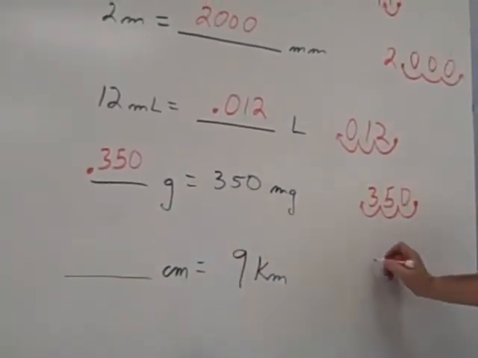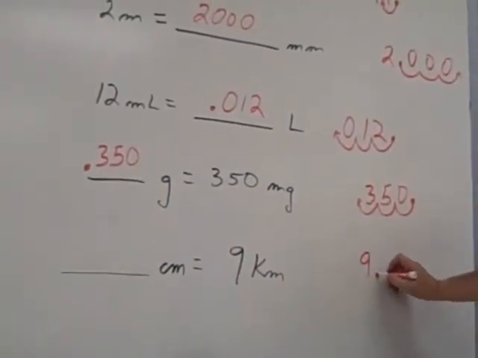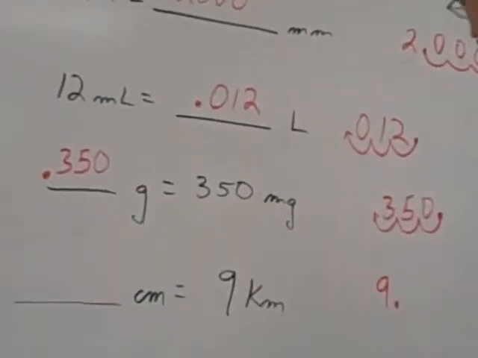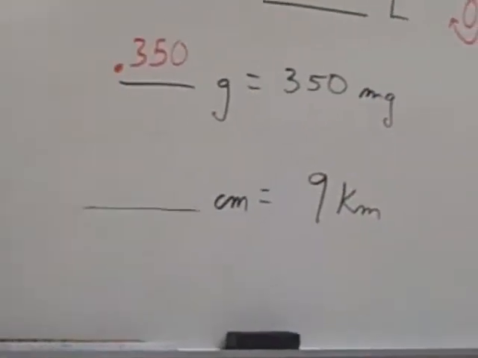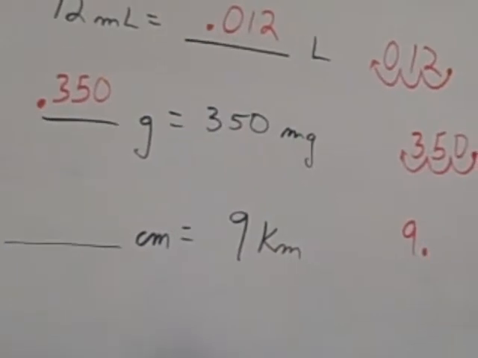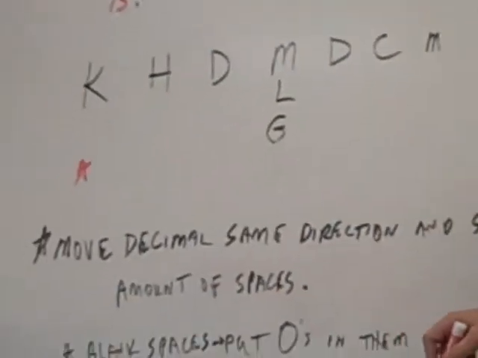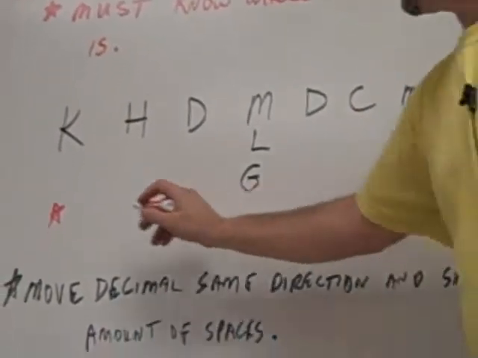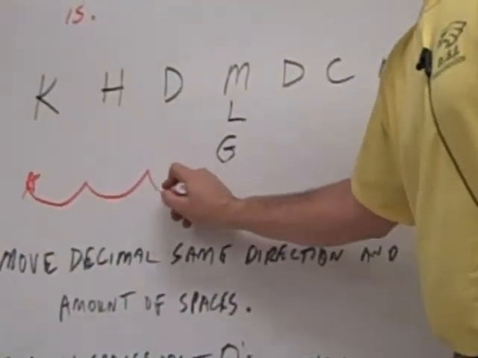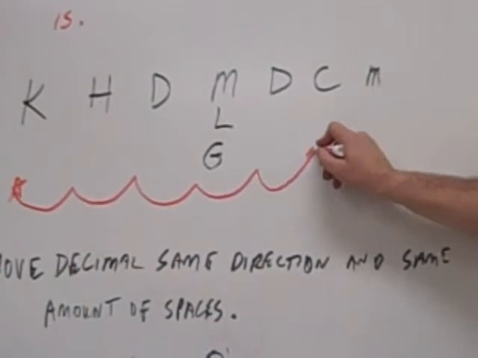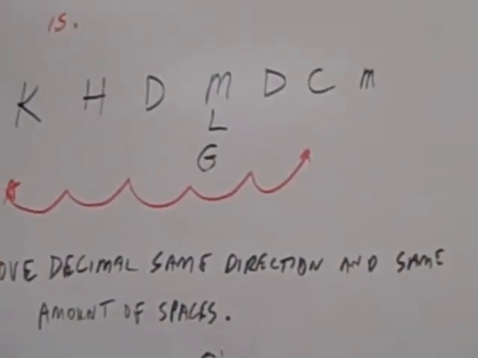What do we have? 9 kilometers. And there's Casper. Where did we start? Way here. And where are we going? To the sea. 1, 2, 3, 4, 5 places.